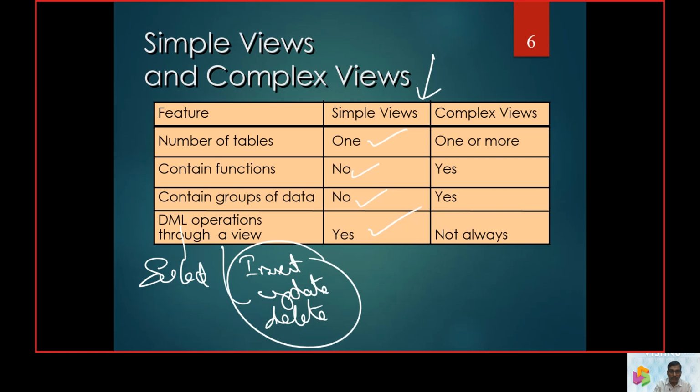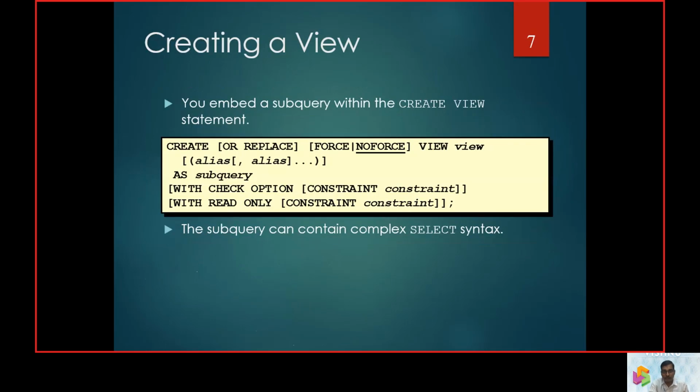So basically these three operations can happen on the view. When it is more, then we call it multiple tables. Then it contains functions, group by, order by, and pivoting or top-n analysis, etc. And it does not always depend on DML.